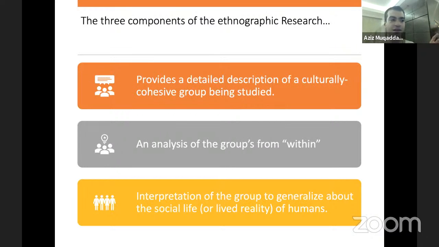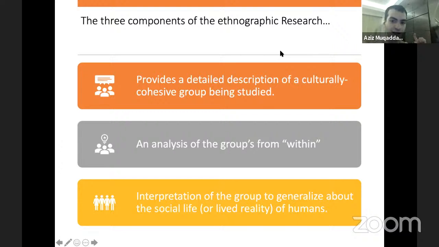The only thing they share is being citizens, but in that setting you're not looking at specific cultures you want to explore. You're looking at individuals and their views, and how they would aggregate into a majority or a minority opinion. Ethnographic research would give you a detailed description about a group.